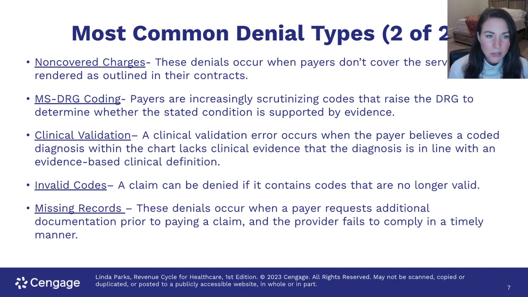An invalid code denial is when there's a code used that is no longer valid. And then missing records denials happen when a payer requests medical records to look into something, and the provider doesn't send them in the set amount of time.